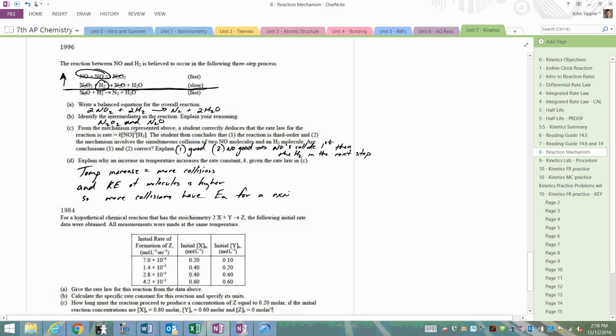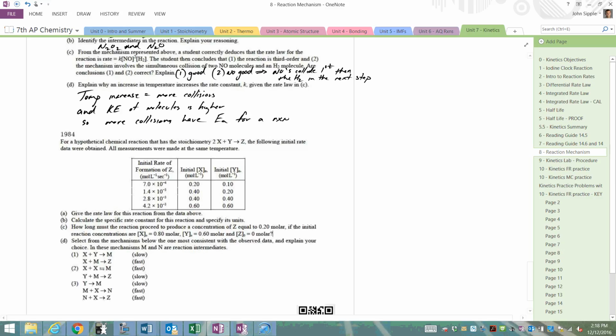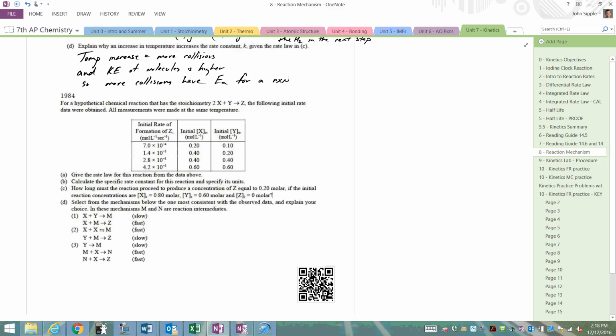All right, let's look at this next problem from 1984 about working a differential rate law problem. When you look at this problem, what do you notice? Rate, concentration, concentration. That should scream differential rate law.